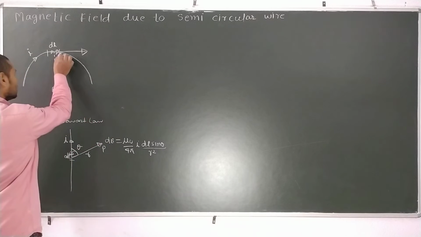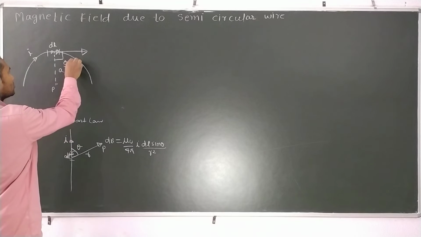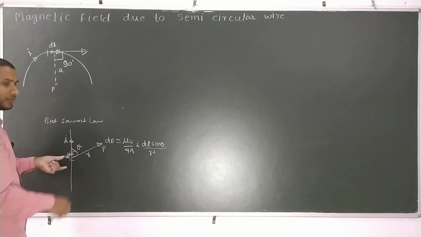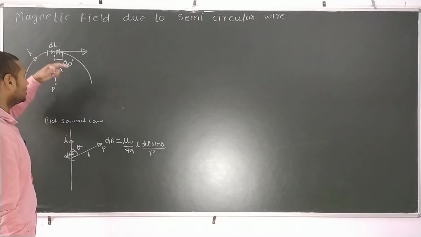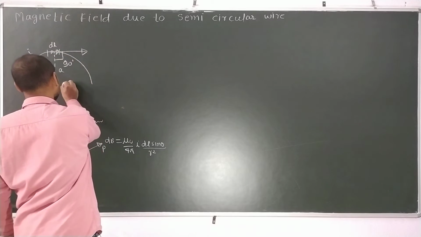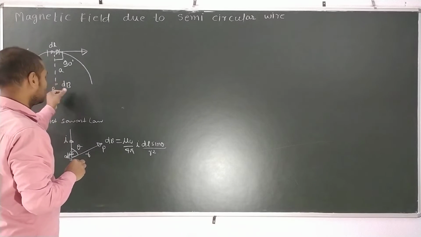Here the angle becomes 90 degrees, because dl and r are perpendicular to each other. Due to this dl there is a magnetic field dB.